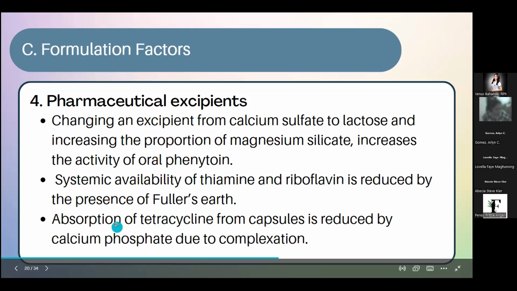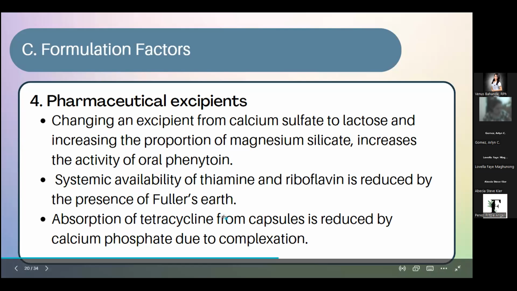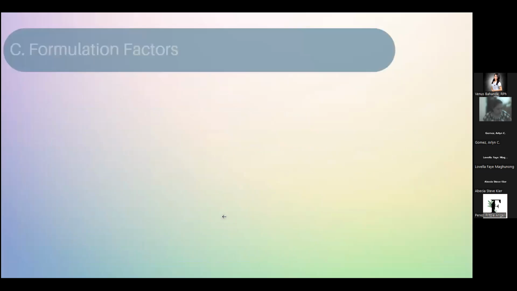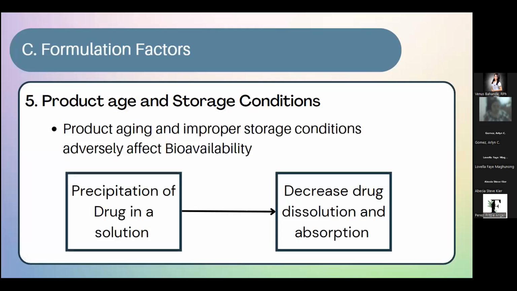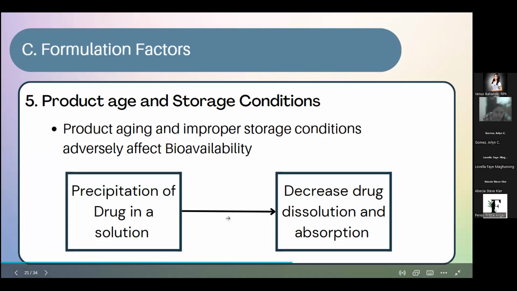And also the absorption of tetracycline from capsules is reduced by calcium phosphate due to complexation. And next formulation factor is the product age and storage condition. Product aging and improper storage conditions can adversely affect the bioavailability. They can result in precipitation of drug in a solution, thus decreasing the dissolution and the absorption of the drug once taken.